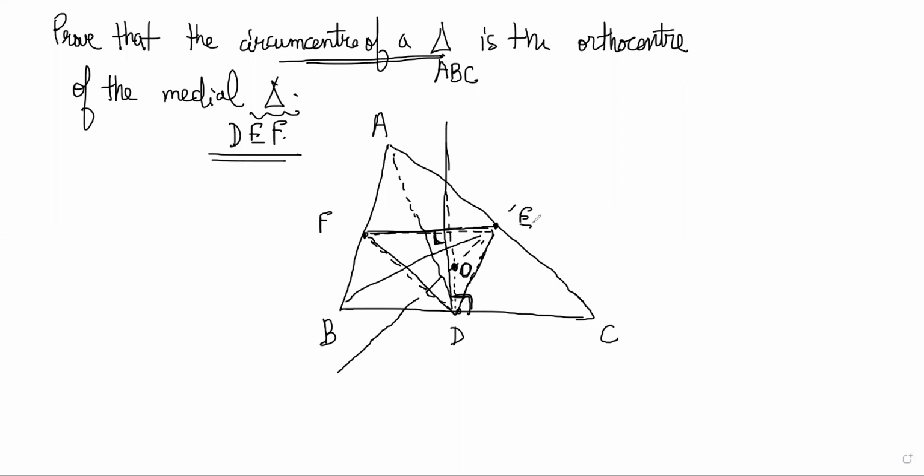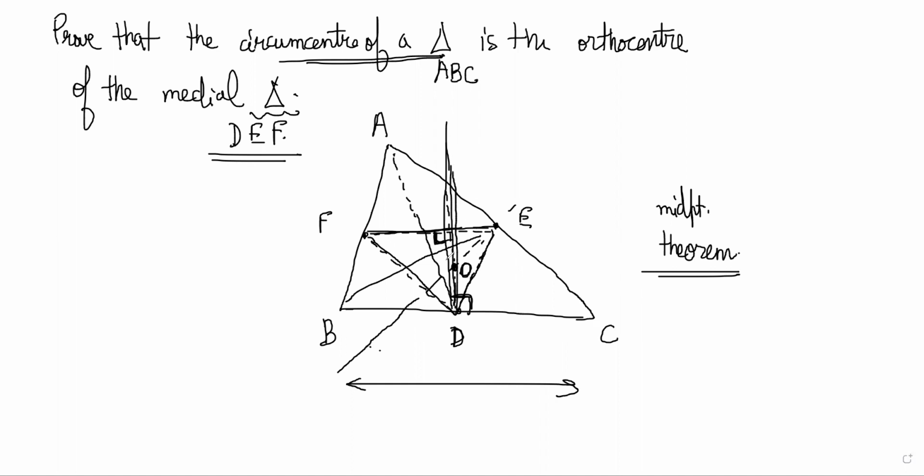What is happening here? FE is parallel to BC, right? FE is parallel to BC by the midpoint theorem. Therefore, if you draw a perpendicular from D, which is basically the perpendicular bisector of BC, then that perpendicular is perpendicular to BC, therefore it is perpendicular to EF.